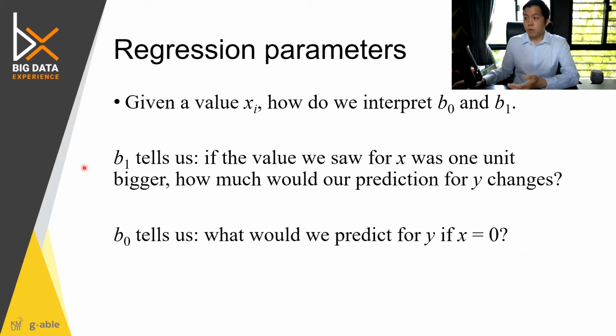b1 indicates the slope, the size of change per one unit. If x changes 1 unit, what size of change would y contribute? And b0 indicates the intercept of y at x equals 0. Or in other words, if there is no x, what should be the value of y? That is sometimes referred to as background or offset.